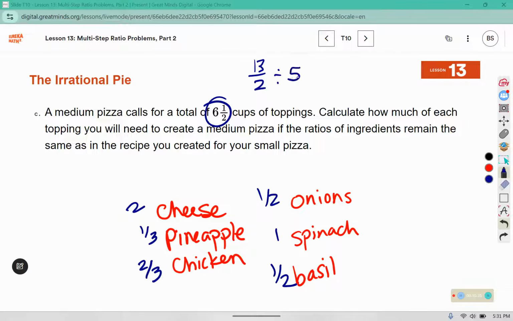But originally I had 5 cups. Rewriting this as a multiplication problem, 13 times 1 is 13, and 2 times 5 is 10. So that is the ratio that I am going to multiply all of my values by to turn it into a medium pizza.